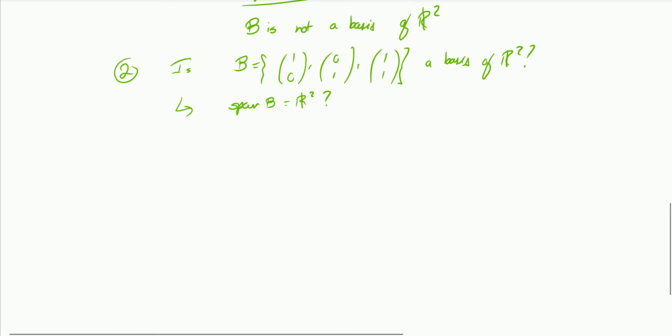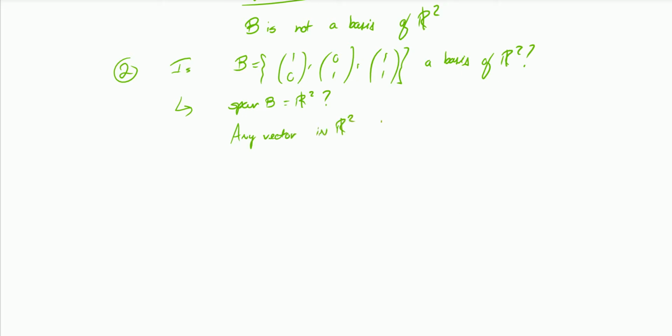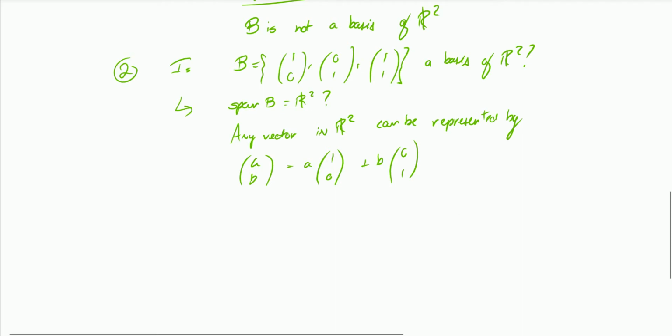Well, that means that any vector in R2 can be represented by (a, b), where a and b belong to real numbers, and we can write (a, b) as a times (1, 0) plus b times (0, 1). And it just so happens that (1, 0) and (0, 1) are two of the vectors that belong to B. So this one belongs to B, and this one belongs to B.